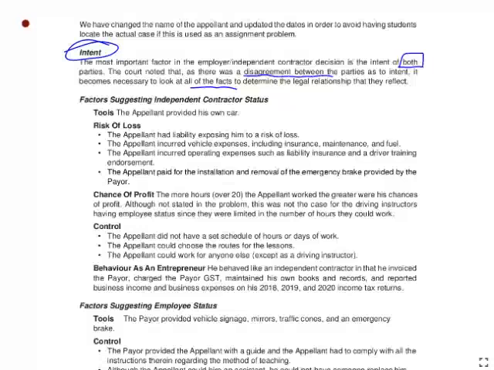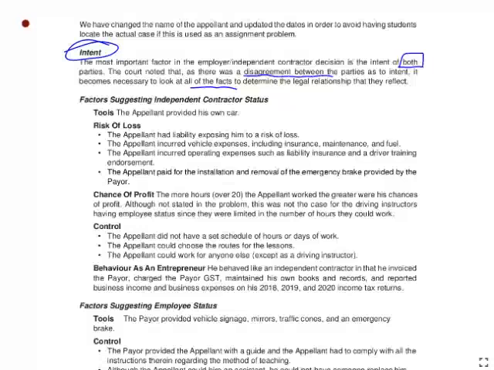The worker was hired as a driving instructor. The worker entered into a written contract with the payer stating that they were a contractor and not an employee. The worker had been under contract with the payer since 2018. The worker earned $26 per hour.